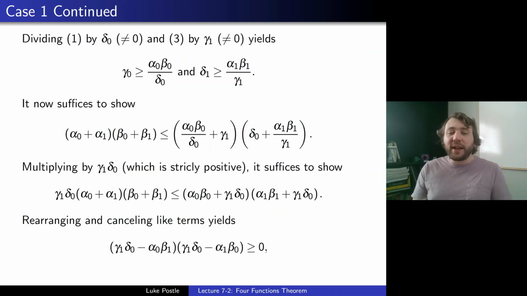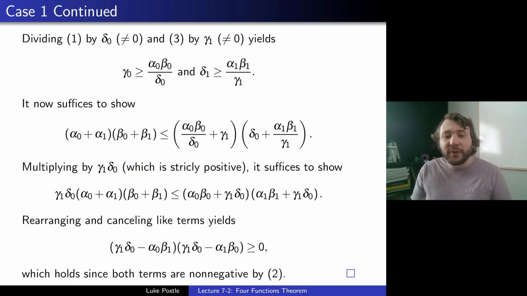So you could go through that. Basically, the terms with the alpha 1 beta 1s and the alpha 0 beta 0s end up canceling, and you rearrange and you unexpand and you get this inequality. And why do we know that inequality holds? Well, it holds since both terms are non-negative by 2. So we do a bit of magic.